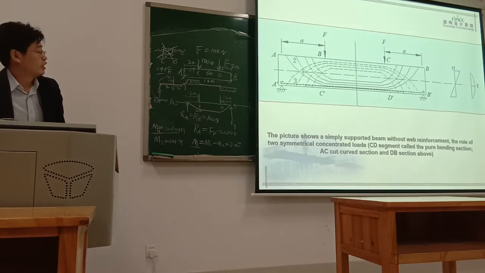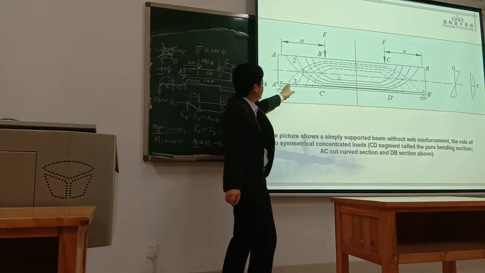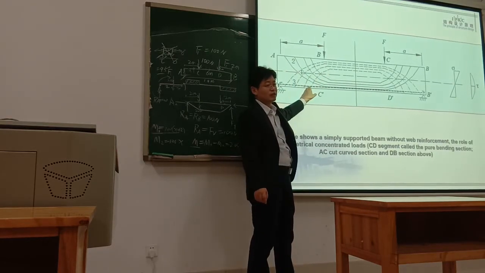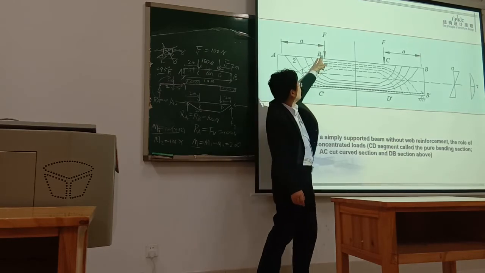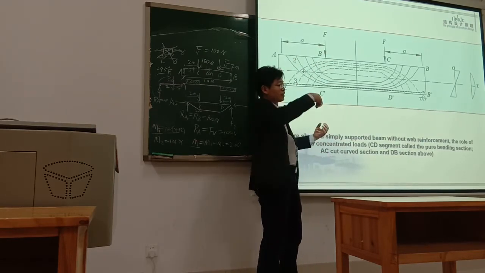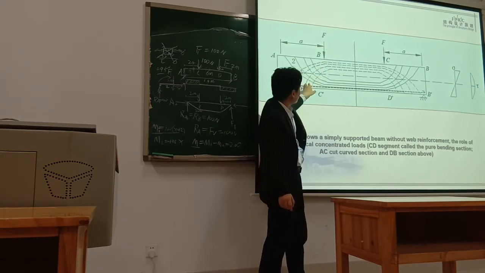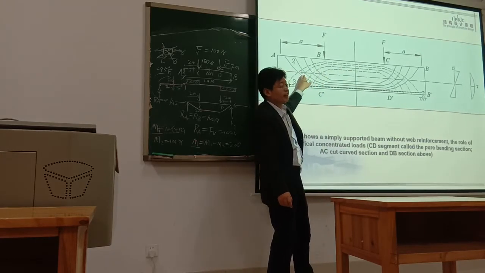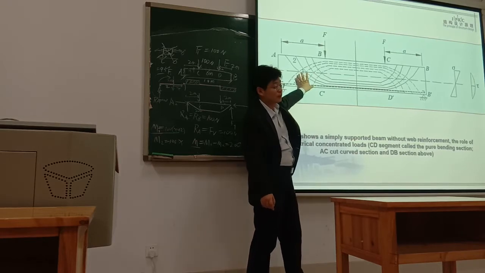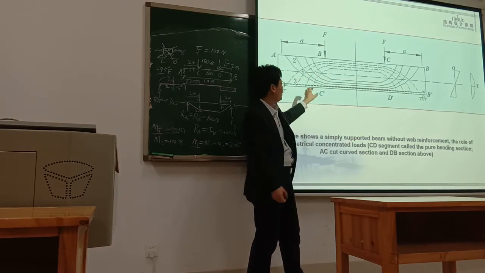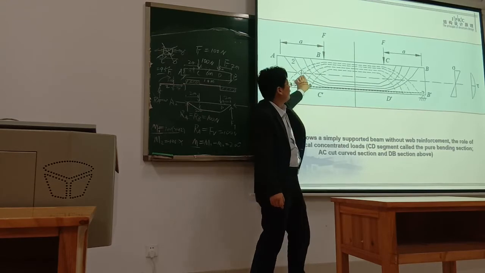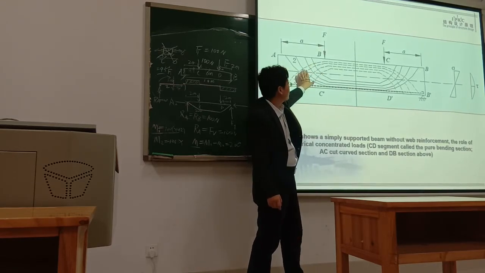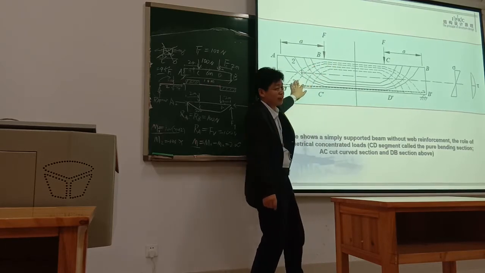So also you see this line is the principal compression force. That means if this load is too large, the main compression force is transferred in this direction. That means if this beam was crushed, this part is in main compression, because the main compression force is transferred in this direction.